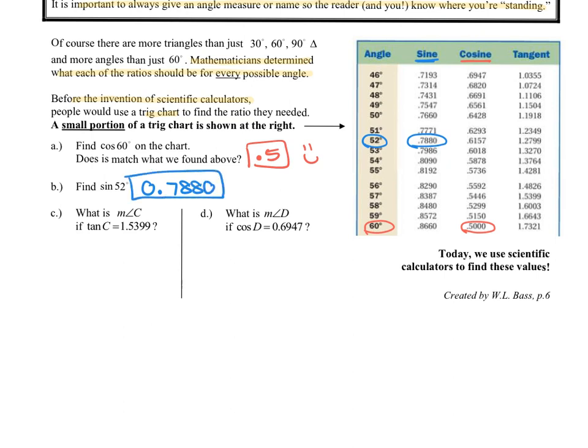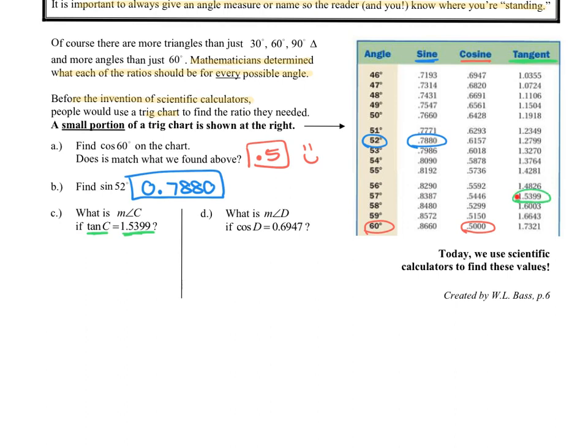Of course, we could go backwards, for example, if I wanted to know the measure of a particular angle. Let's say that I knew that the tangent of some angle was 1.5399. I could go to my tangent column, and I would go down that column until I found that 1.5399, and sure enough, it's right here.